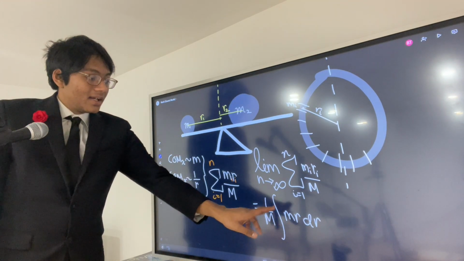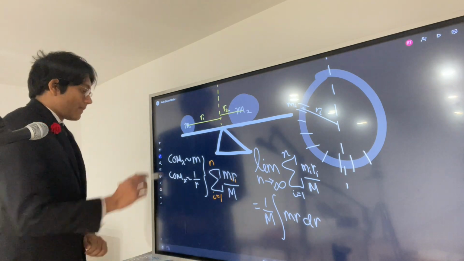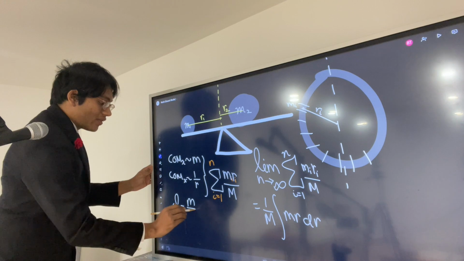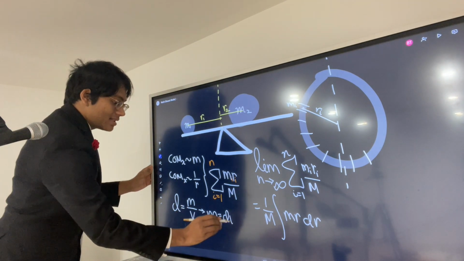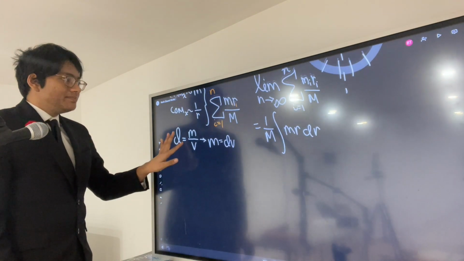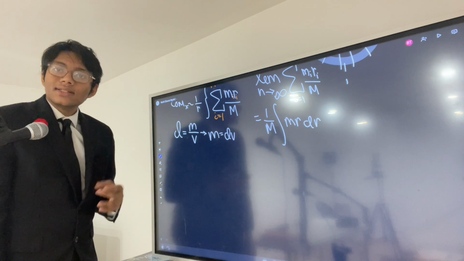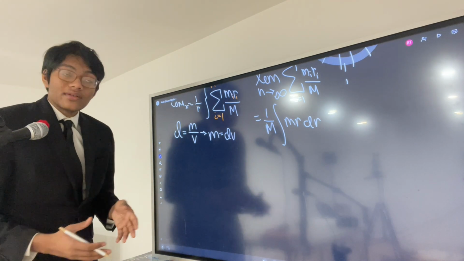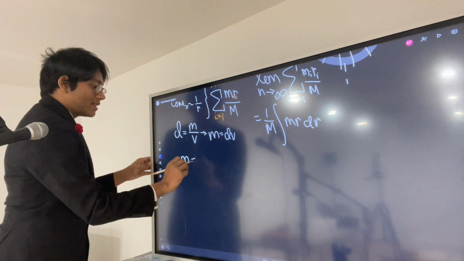So if I calculate the formula for my mass, what is that formula going to be? Well, remember, density is simply mass over volume, right? So that means mass is simply density times volume. But here we're dealing with a two-dimensional object. It doesn't have a volume. Instead, it has an area or a length, right? So instead of volume, we're going to employ length.